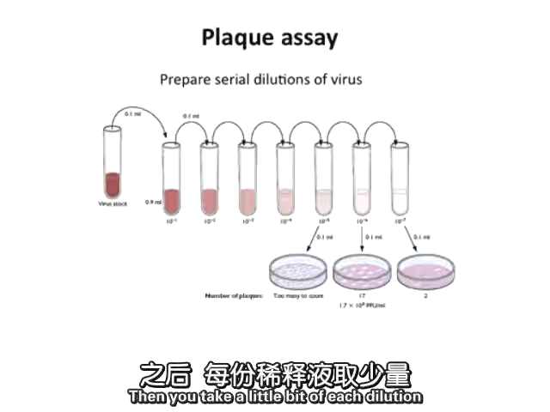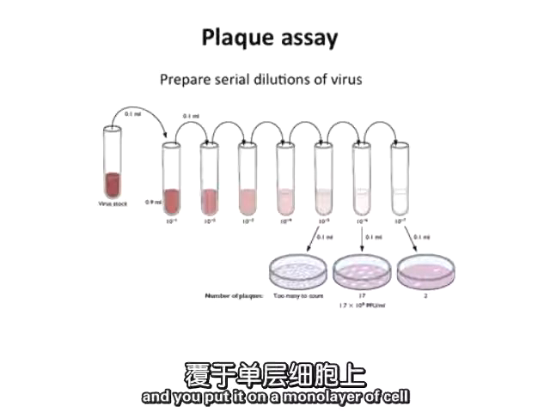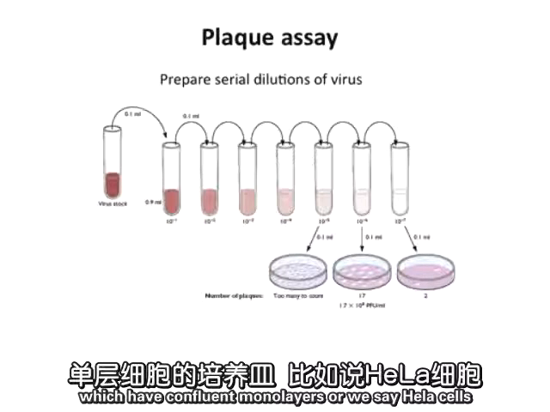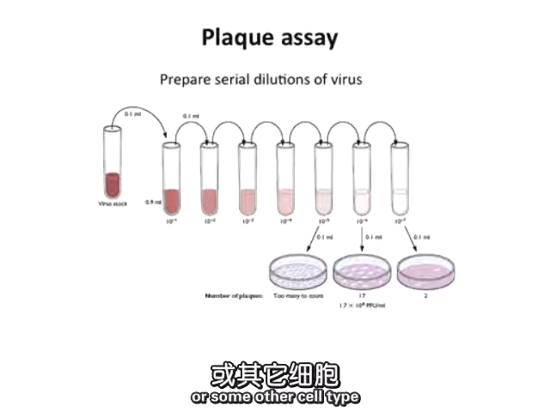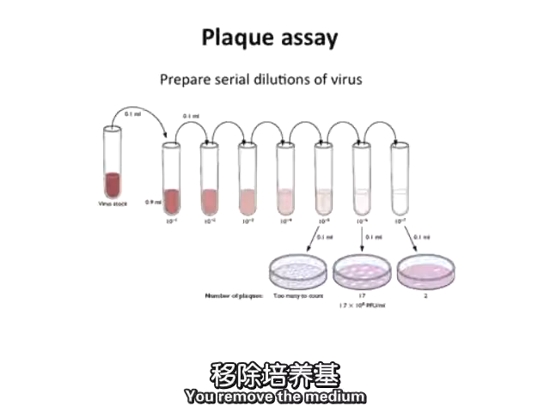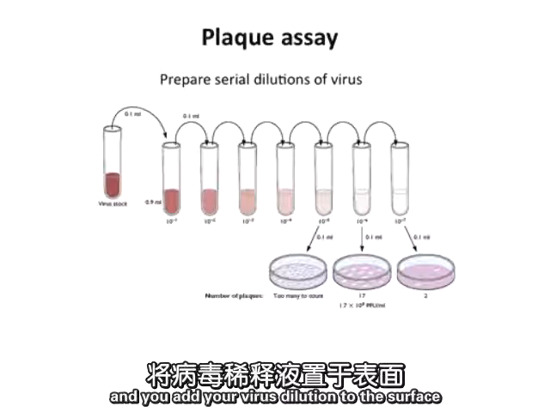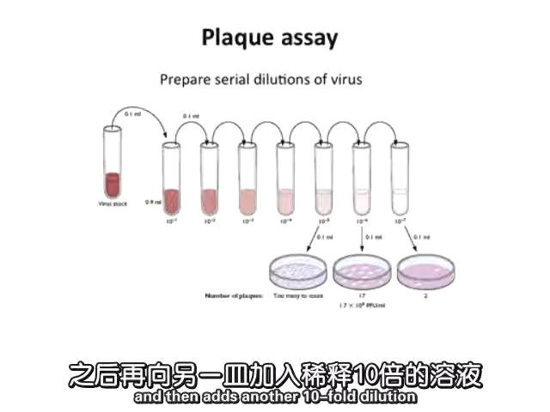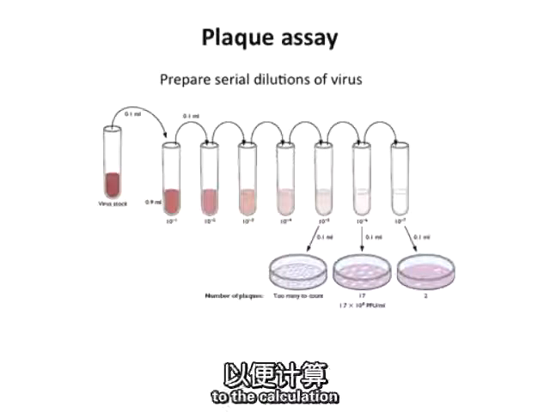Then you take a little bit of each dilution and you put it on a monolayer of cells. So now you've grown in your incubator a bunch of small plates which have confluent monolayers of, say, HeLa cells or some other cell type. And then on the day you're going to do the plaque assay, you remove the medium and you add your virus dilution to the surface. And here we're adding 0.1 ml, and that adds another 10-fold dilution to the calculation.